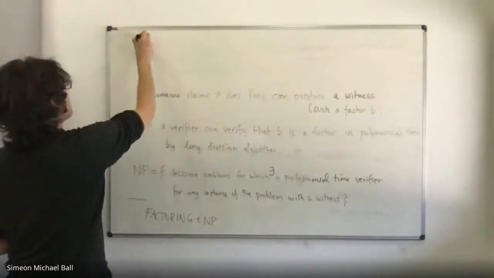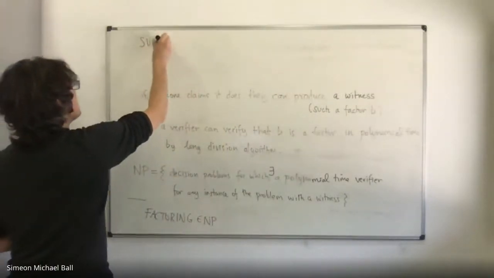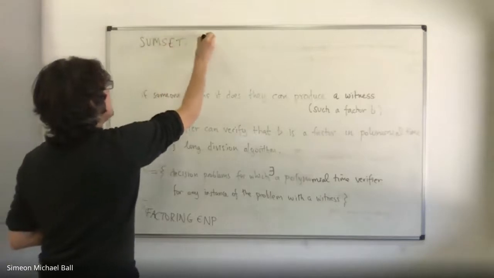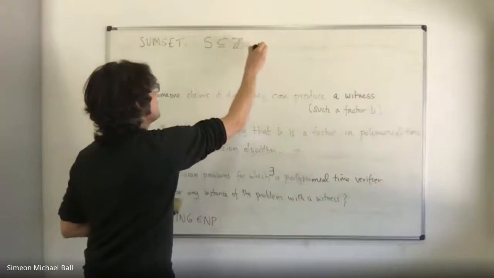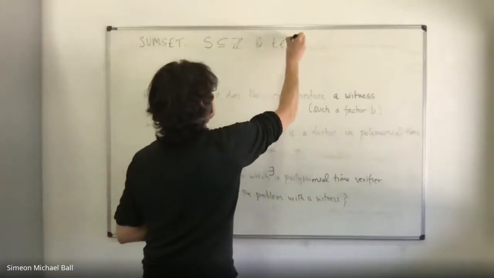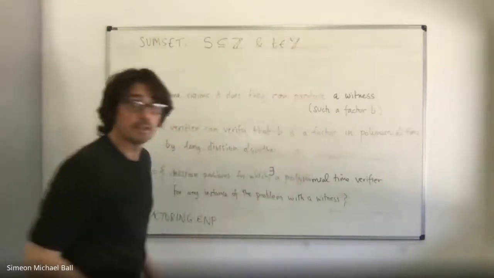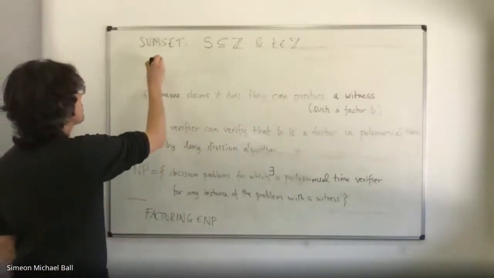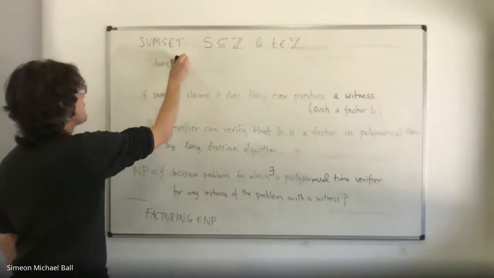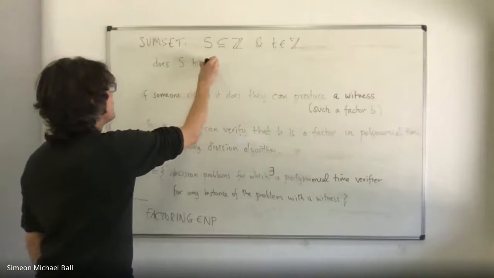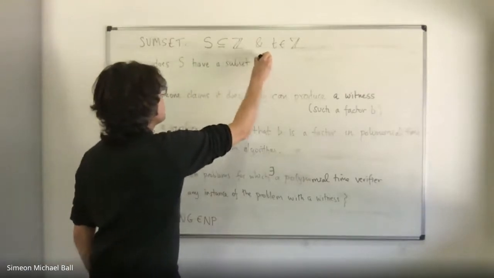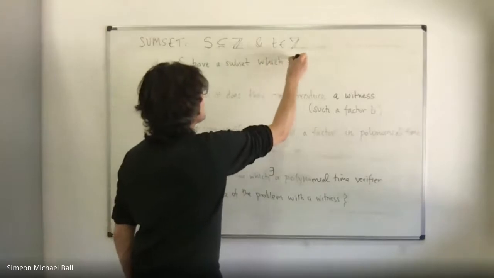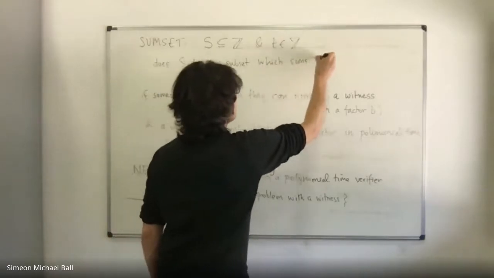Another classical example would be subset sum. Here we have S, a subset of the integers, and T, some integer. The decision problem is: does S have a subset which sums to T?